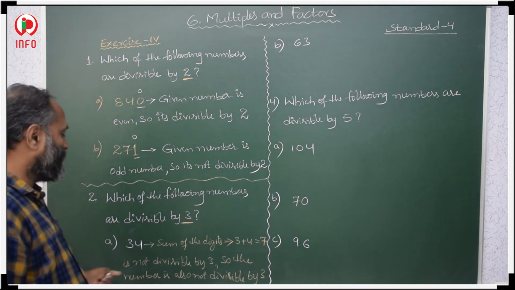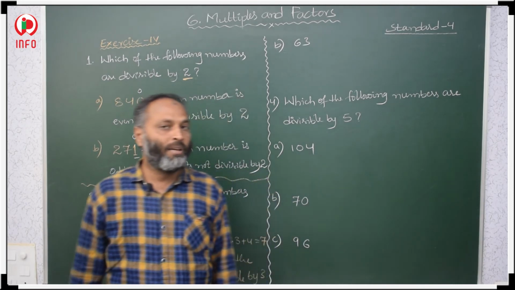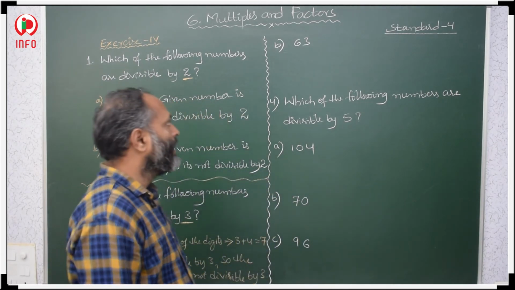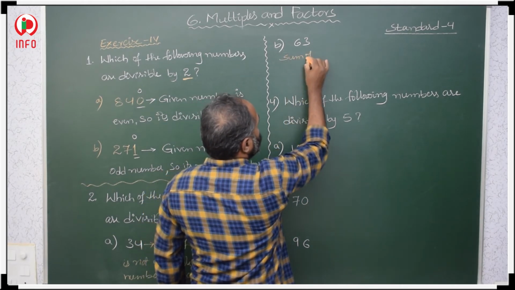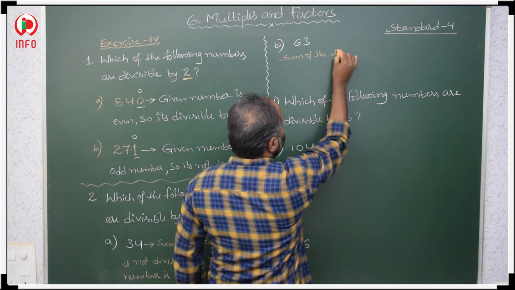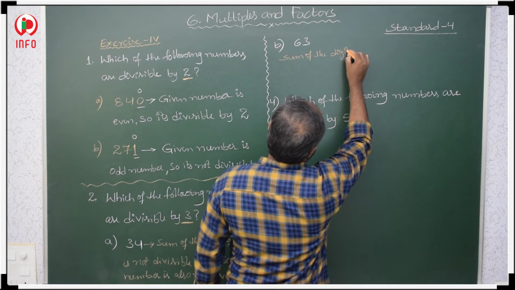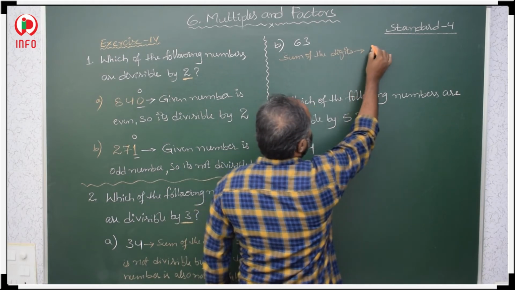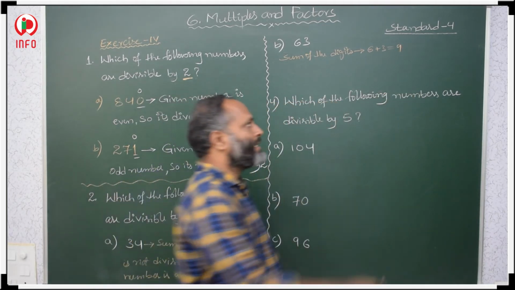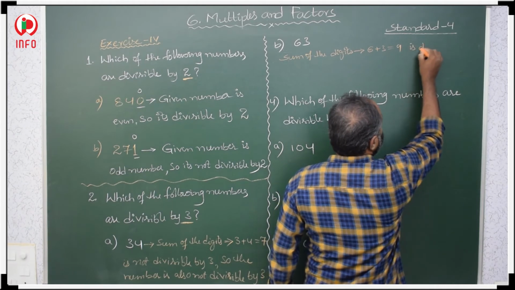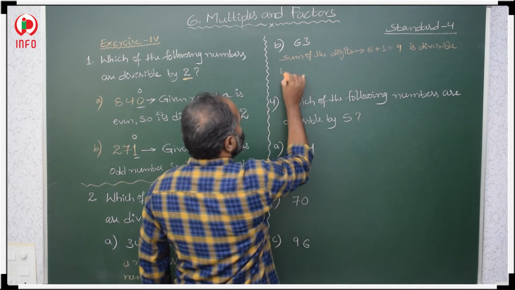For the divisibility test for 3, we have to find the sum of the digits. If the sum of the digits is divisible by 3, then the number is also divisible by 3. Here also, 63: we have to find the sum of the digits. 6 plus 3 is 9. 3 threes are 9. 9 is divisible by 3.